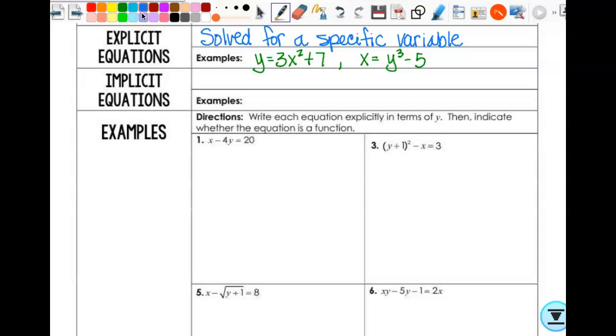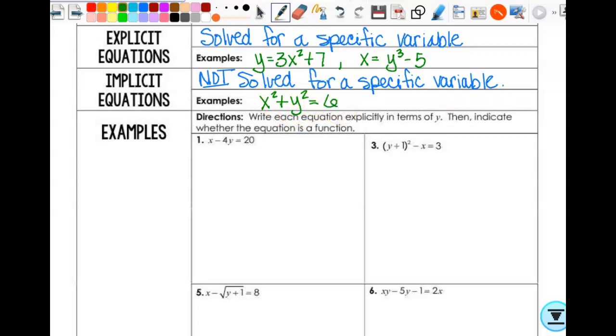Then we also have implicit equations, and those are not solved for a specific variable. So we could have like x squared plus y squared equals 6.